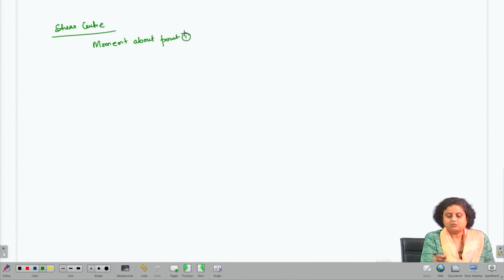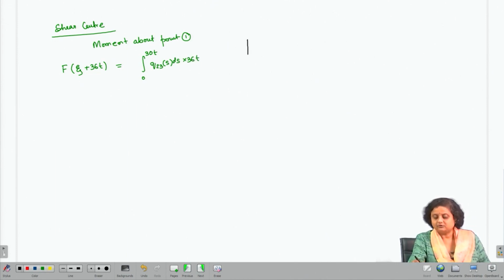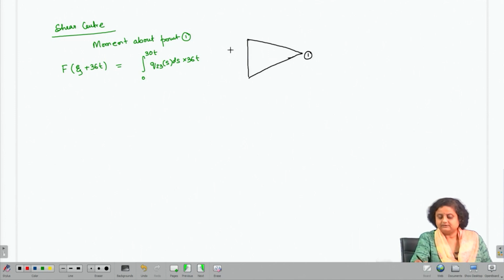If we take moment about 1, then the moment due to force F is going to be zeta plus 36 T, and that is going to be the moment, the integral from 0 to 30 T of q 23 s ds into 36 T, because if I draw the isosceles triangle, this is my point 1, this is F, this is Q 2 3, this is Q 1 2 and this is Q 3 1.